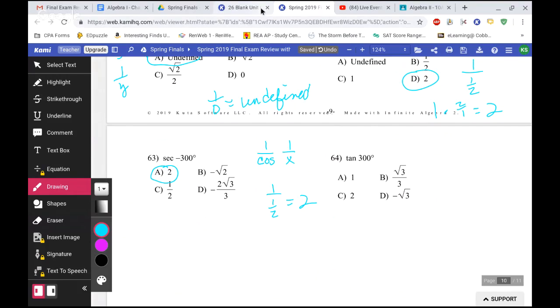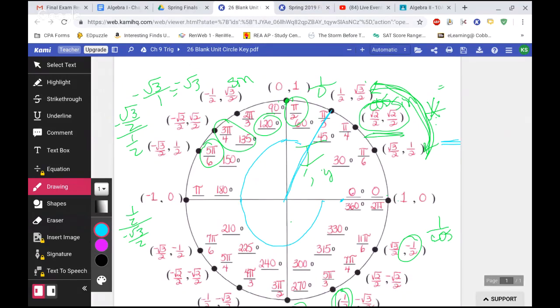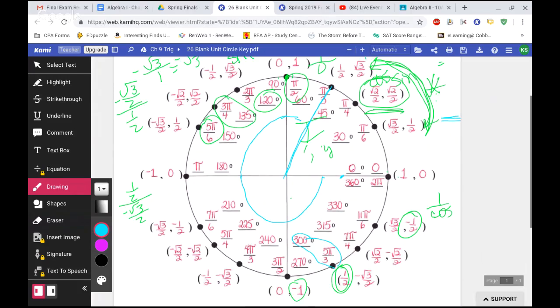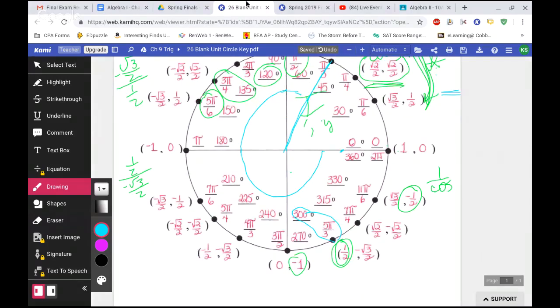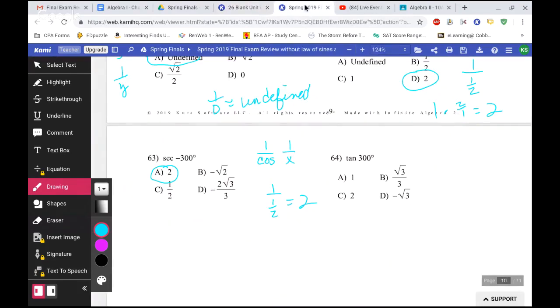Tan 300. This one, you're just traveling in a regular direction. You're looking at 300, which is right here. And tan is y over x.